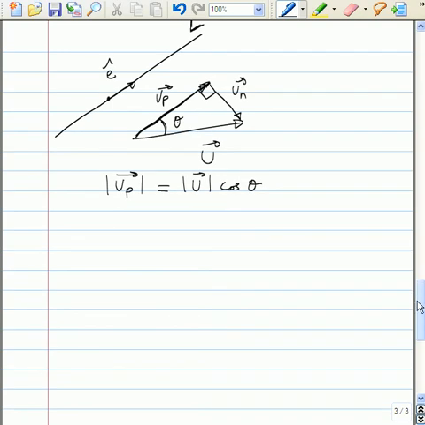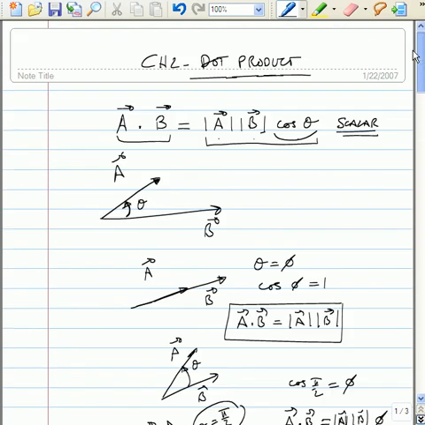Now we would like also to take the dot product between our unit vector E, which is a line along L, or a line along up, and dot it with our vector u. Let's use the definition that we've seen at the beginning.